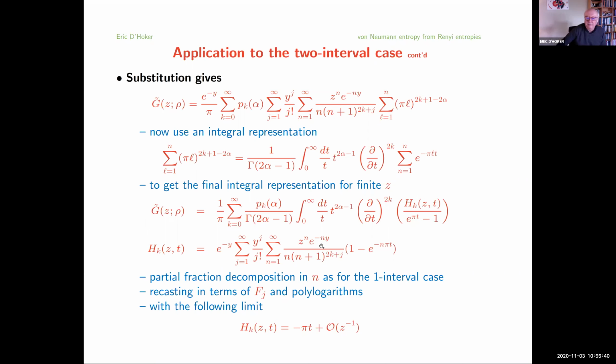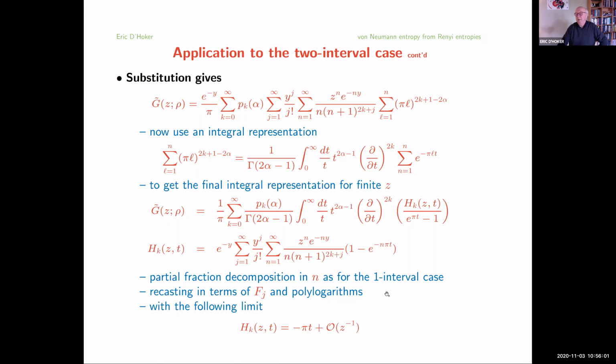So h involves these similar sums to what we had before. And again, these sums over n I can actually do by partial fraction decomposition in n, as we did for the one interval case. Then the remaining summations can be done in terms of polylogs.